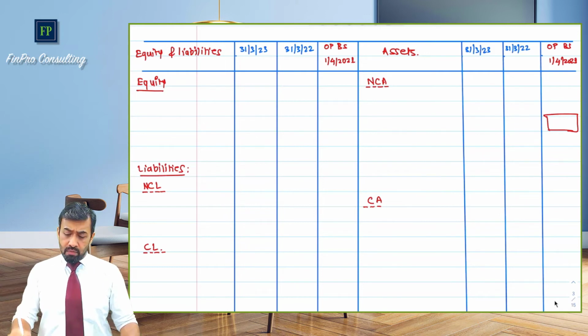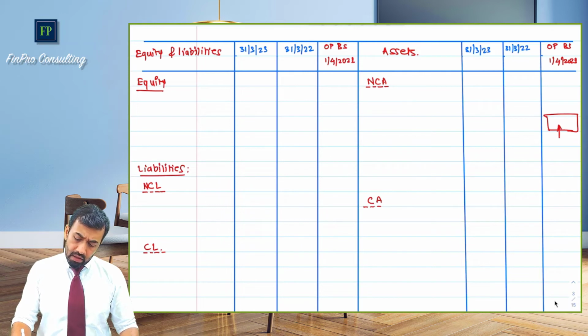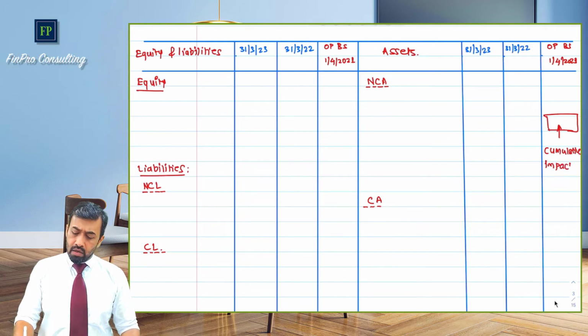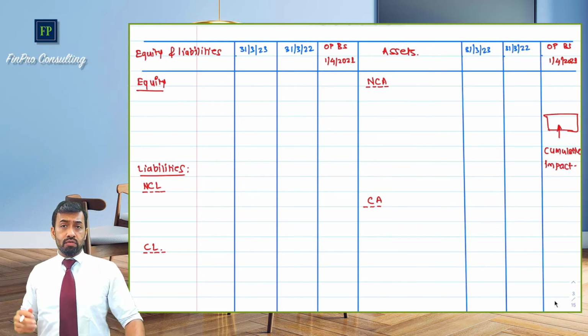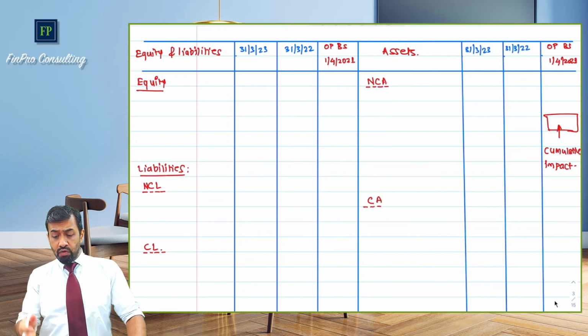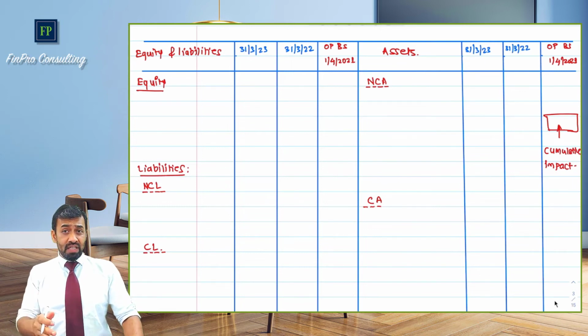So this is called a cumulative impact of the prior periods before the period which is last presented. 31st March 2022 is the preceding period.